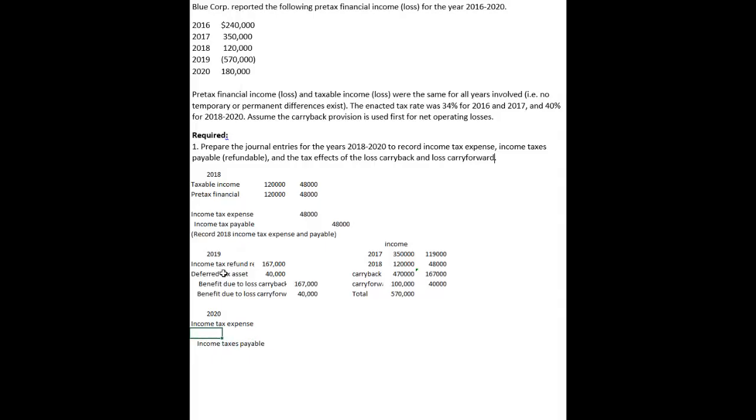And what happens is this deferred tax asset will reverse itself because this entire $100,000 carry forward is going to be eaten up by the $180,000 of taxable income. So my deferred tax asset will fully reverse in this year. So I would credit that deferred tax asset. It has a value in it of 40 grand. I'm going to credit it for $40,000.